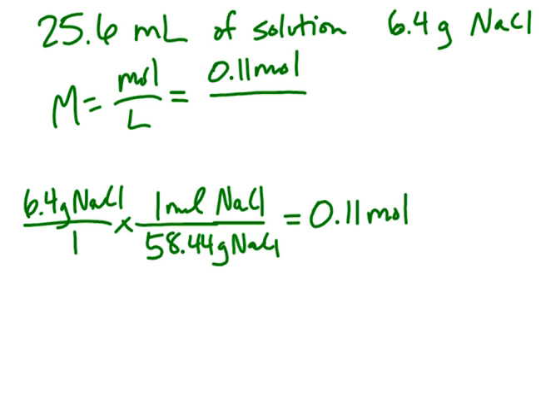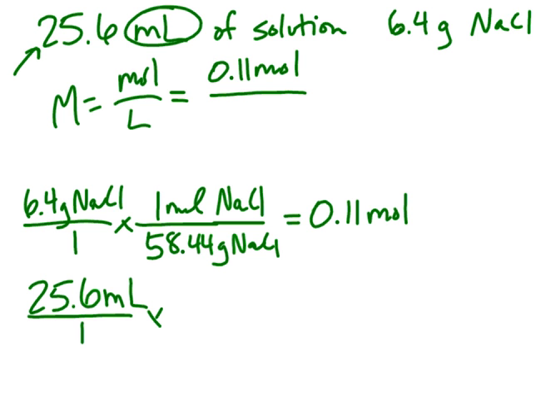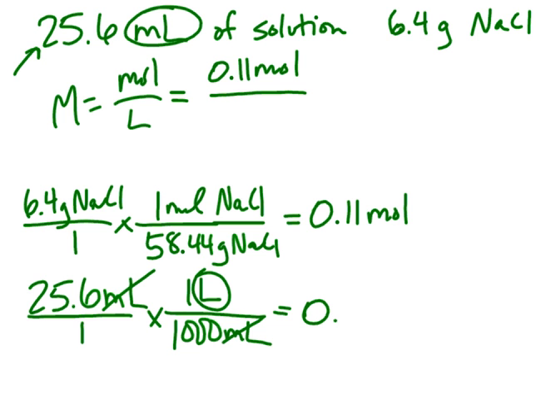And then my liters. I don't have liters, I actually have milliliters. We need to convert that into liters because that's the formula for molarity. So I'm going to go 25.6 milliliters over 1, and I know there are 1,000 milliliters for every 1 liter, so my milliliters cancel out and leave liters. 25.6 divided by 1,000 equals, with 3 sig figs, 0.0256.